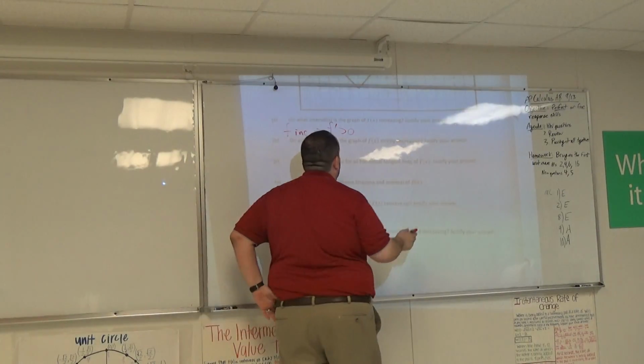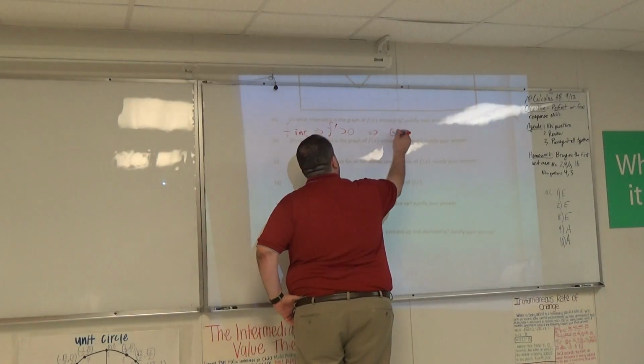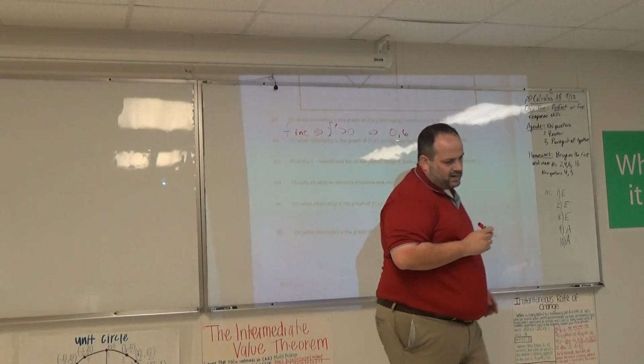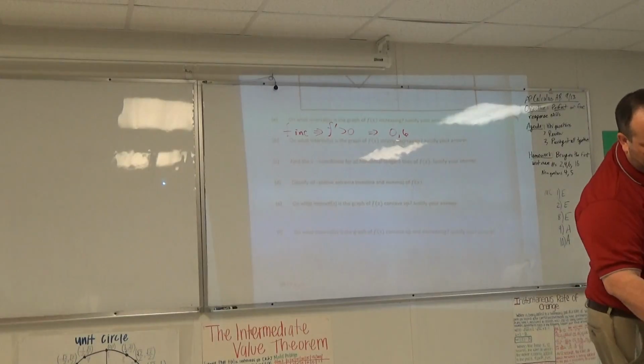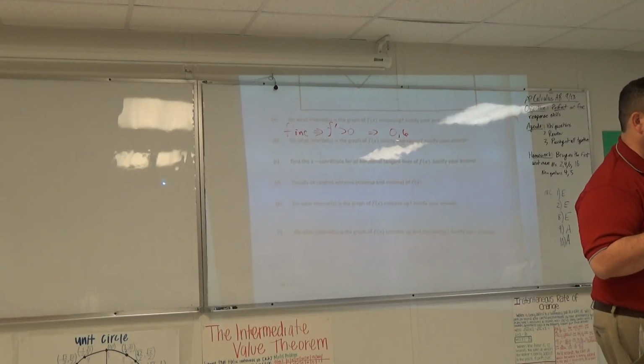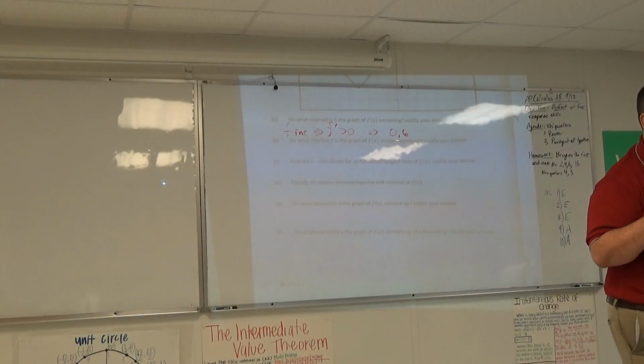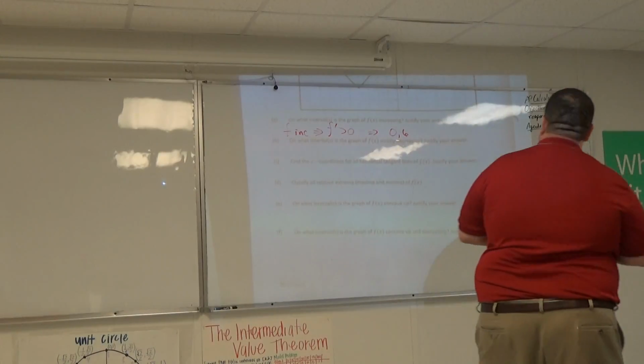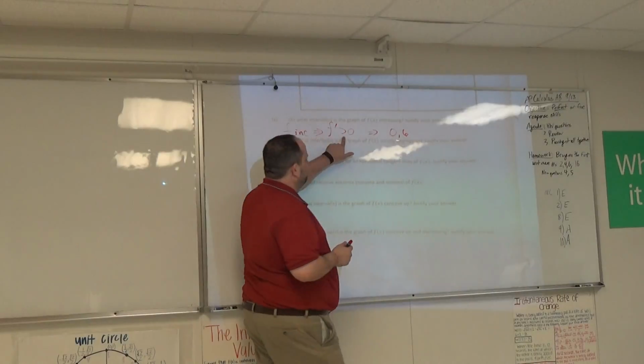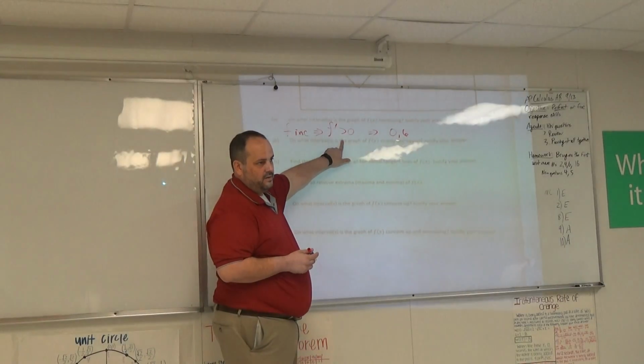Where is F prime positive? From 0 to 6. Okay, we're gonna say from 0 to 6, is that right? Now, parentheses or brackets? Parentheses. If you look at what we wrote, we said F prime is positive.